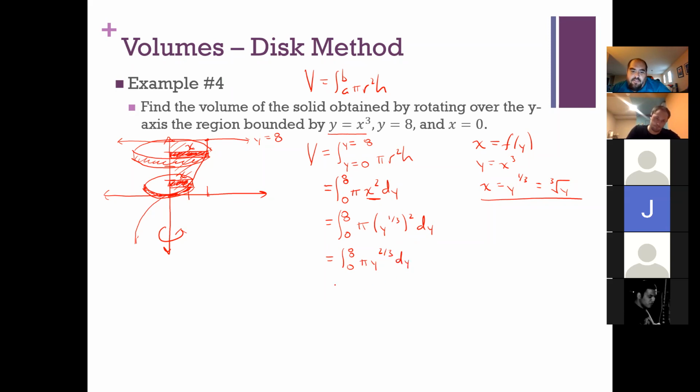All right, what's the integral of y to the 2/3? 3y to the 5/3 over 5.